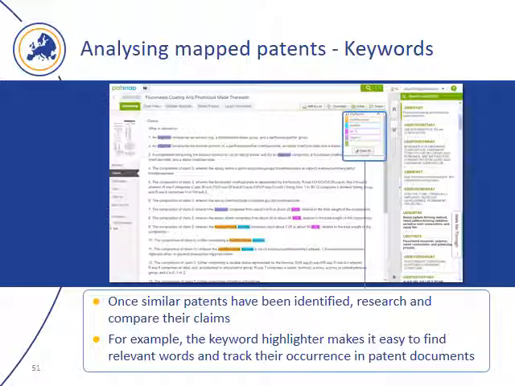You can define keywords and you can then also indicate them in different colors, and you can see which keywords appear in which documents, and therefore it is made easier to find relevant words and track their occurrence in patent documents, and to see which documents are really relevant and possibly novelty destroying.